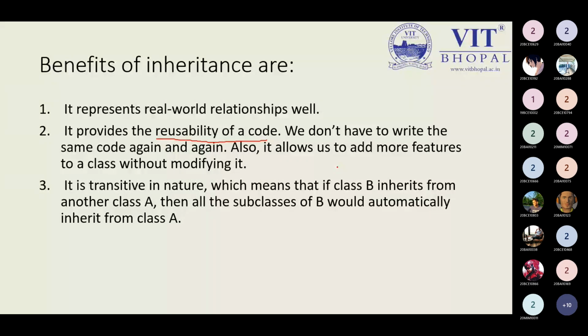It is transitive in nature, which means if class B inherits from class A, then all the subclasses of B would be automatically inherited from A. So if I'm inheriting C, or I can take D, just like this one, all the features I'm inheriting from the B class to D or B class to C. C and D are subclasses of B, and will automatically fetch some features from A which are asked for by the B class.